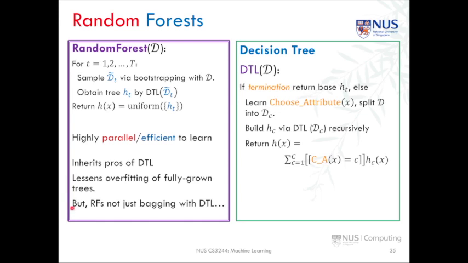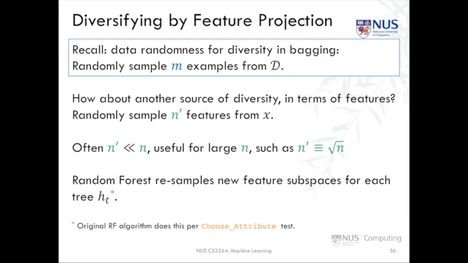However, it's important to understand that random forest is not just simply bagging with decision tree learning. Otherwise, it would just be called decision tree bags. There's another element that makes it very useful. The key secret ingredient in random forest is creating diversity in another way, by feature projection.